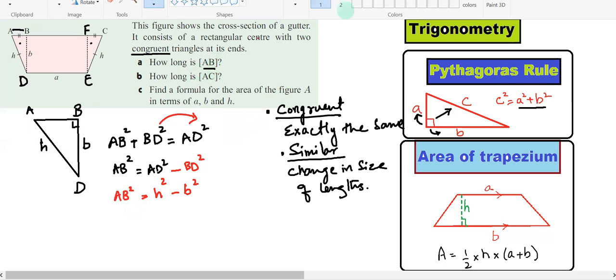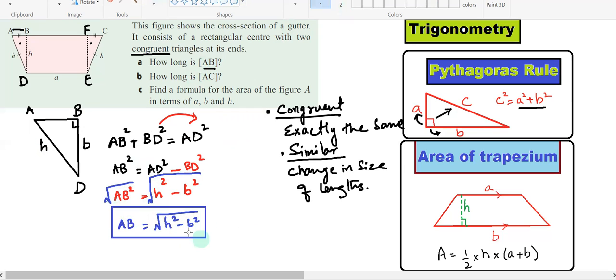Since we want to find AB only, we don't require the square. How do you get rid of that square? Just by taking the square root. Square root means half of the power. So if it is power 2, half of this power 2 will be power 1. AB is the square root of H squared minus B squared. And that answers our part A here.